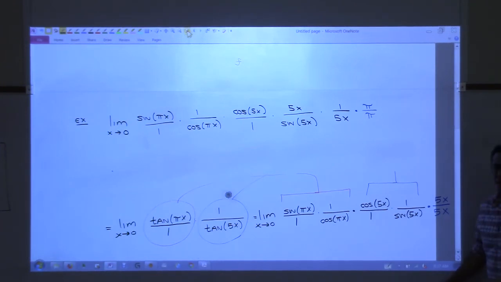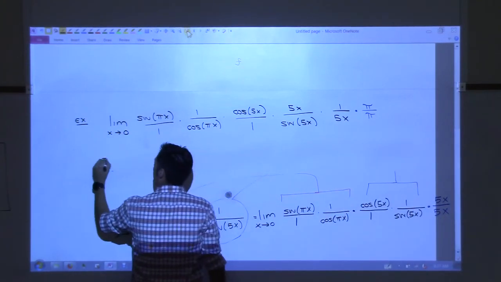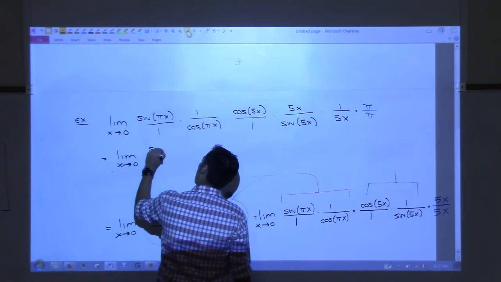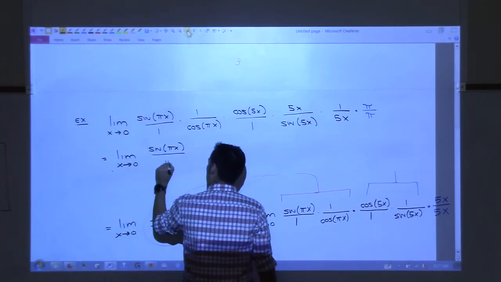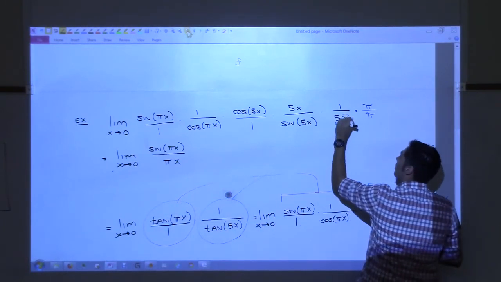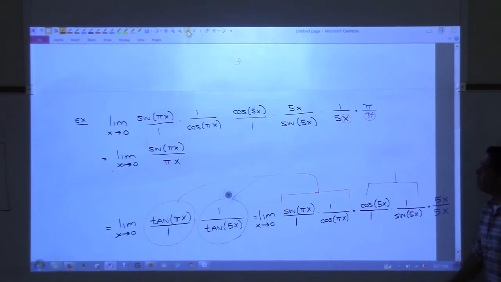And so this will be my last line that I write before I actually take the limit. I'm going to have limit x approaches 0 sine of pi x over what? Pi x. And remember, by doing that, I've used this x and I've used this pi up, right? They're no longer going to be down there.